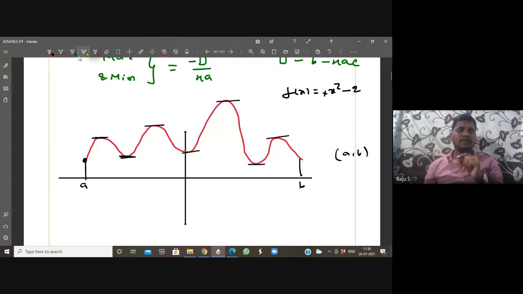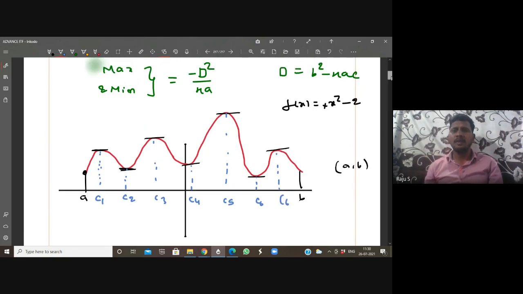At what point does it have a maximum? I'm going to take some points here: this point as C1, this is C2, this is C3, this is C4, C5, and this is C6, C7.